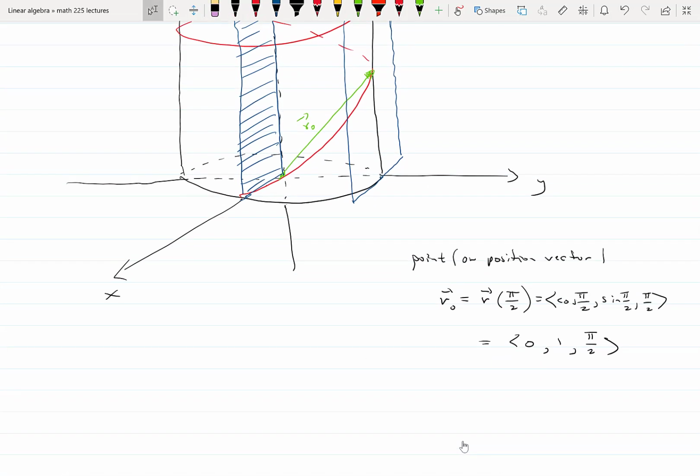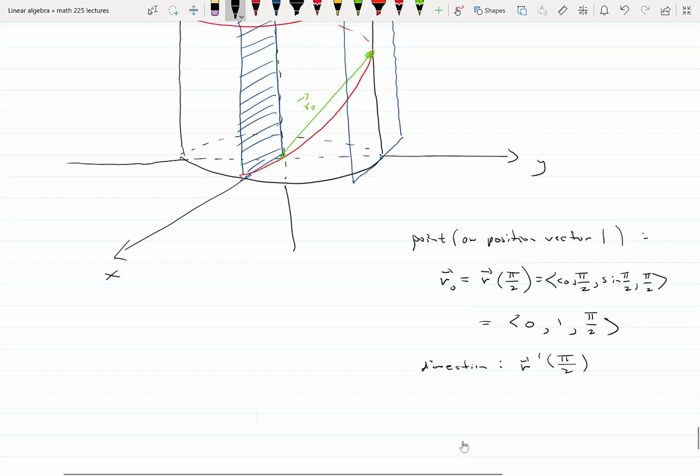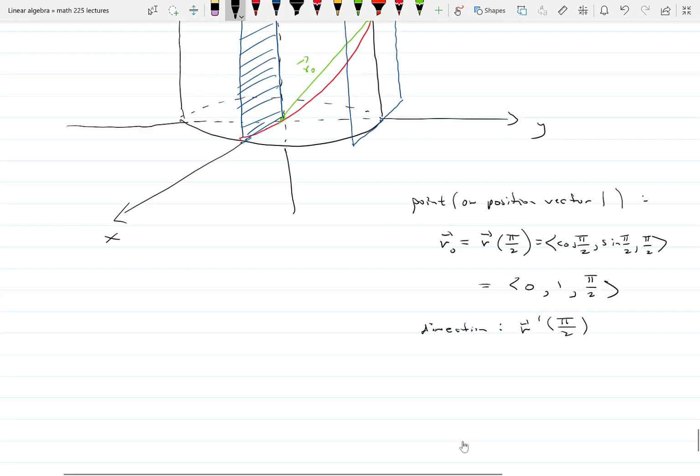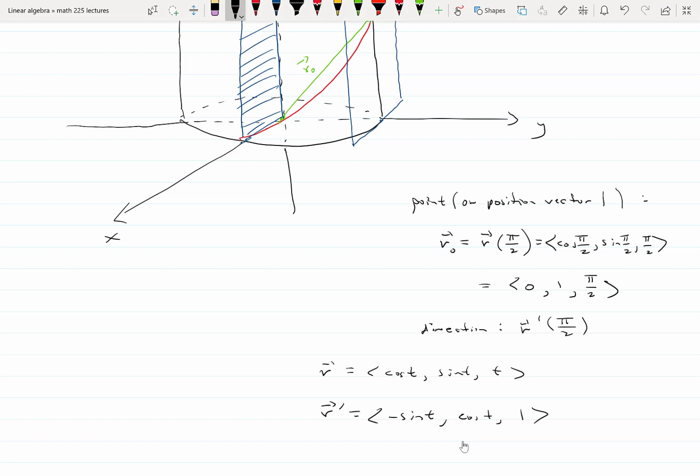Well, let's move on here. We need a direction for this tangent line. The direction should be r prime at the time in question, r prime at pi over 2. Okay, well, r was cosine t, sine t, t, so the r prime tangent vector should be negative sine t, cosine t, 1. Derivative of cosine is negative sine, derivative of sine is cosine, and derivative of t is 1.